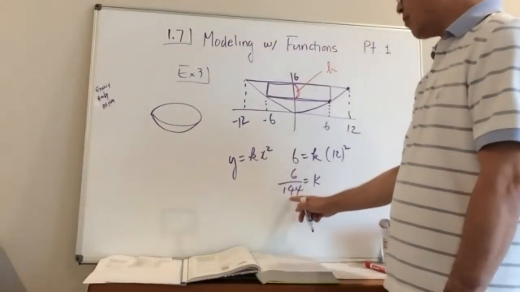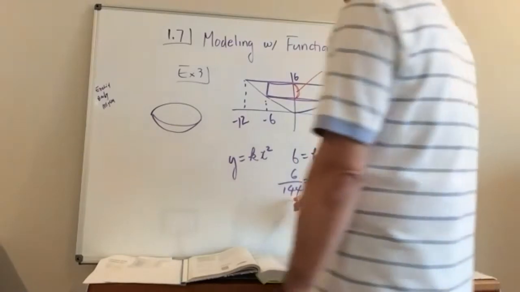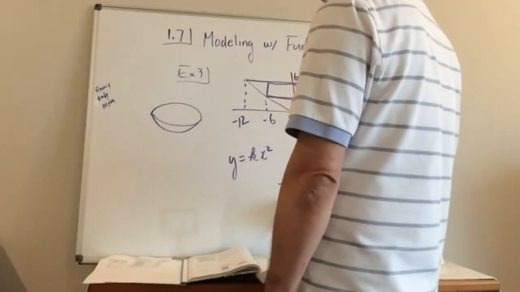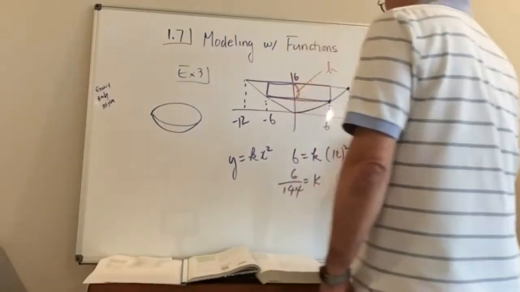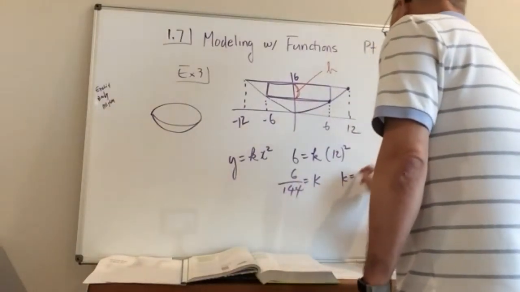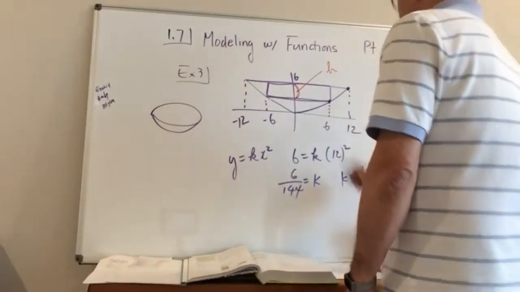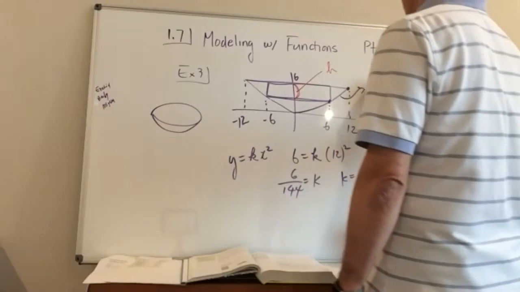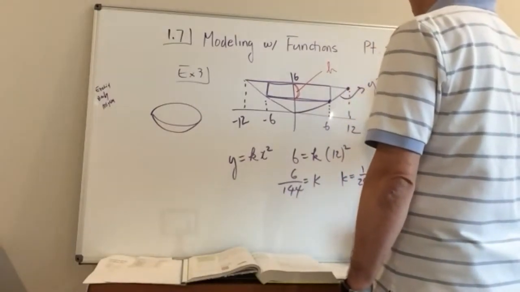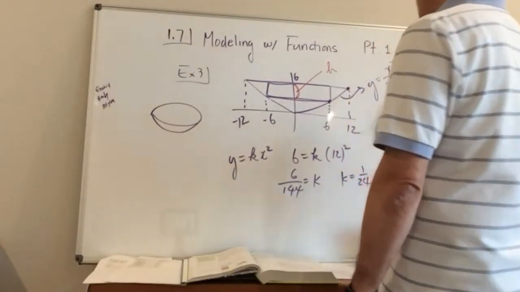I divide both sides by 144. And so I divide this by 6, I get 24. So k is equal to 1 over 24. So this function here is going to be y is equal to x squared over 24.